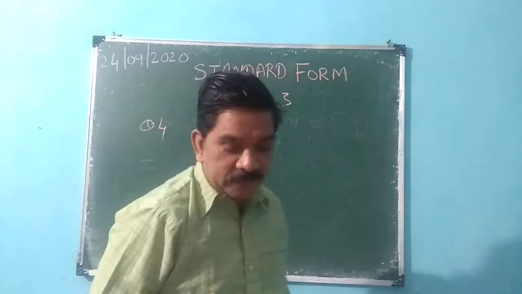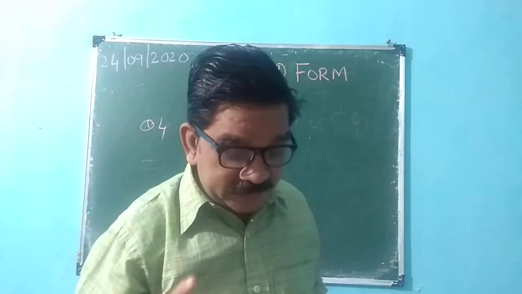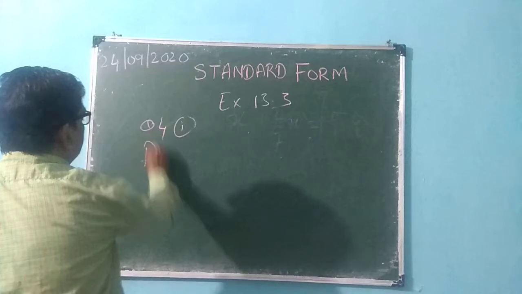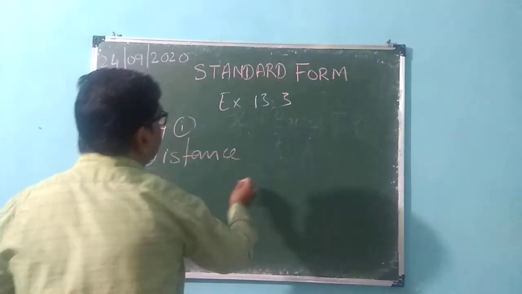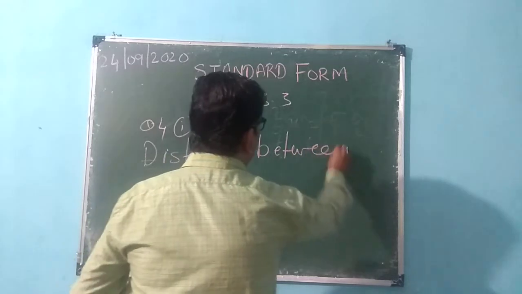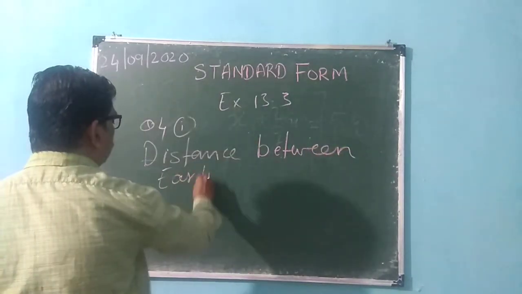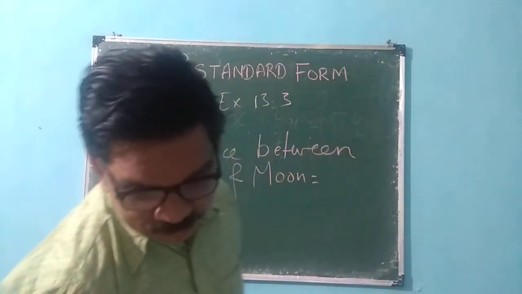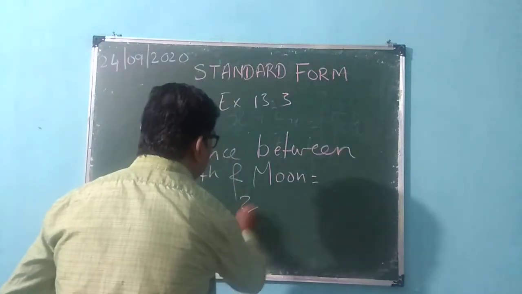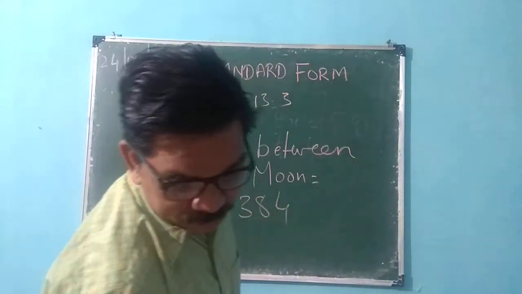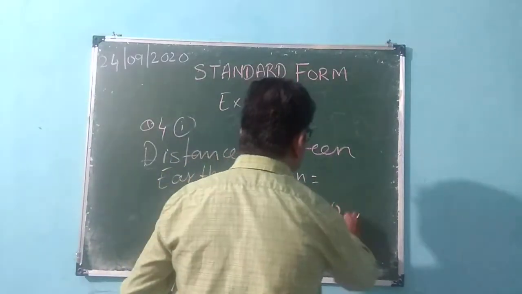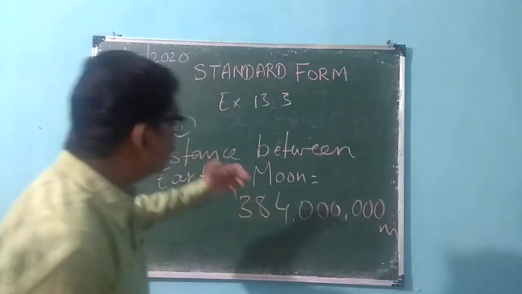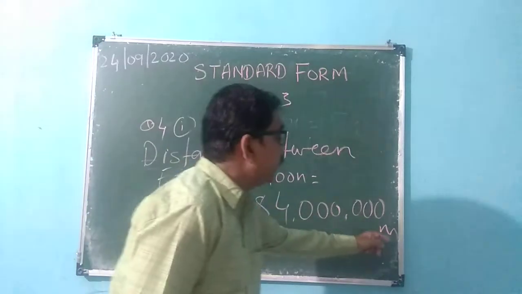Question number 4, the first part, says: the distance between the earth and the moon is equal to a certain number of meters. They have already given the distance in meters.